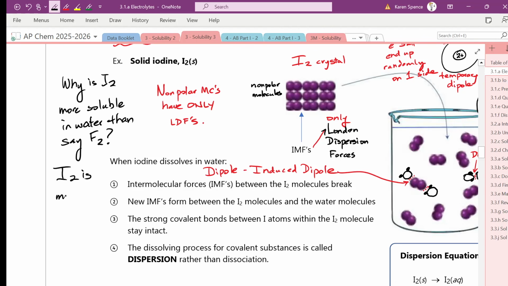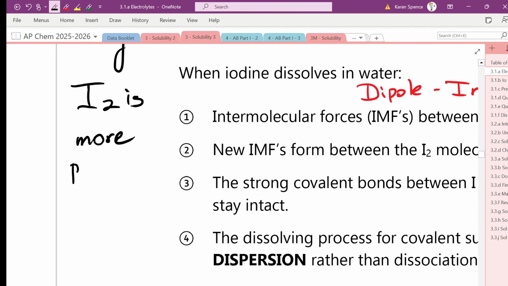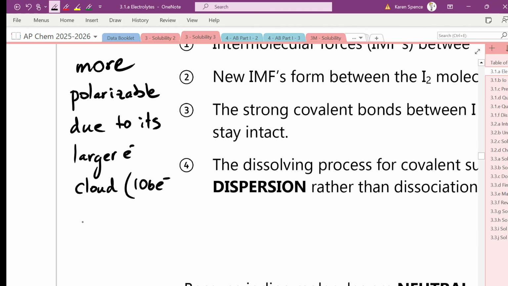I2 is more, and the word that we like to use is polarizable, due to its larger electron cloud. 106 electrons versus F2's 18 electrons.